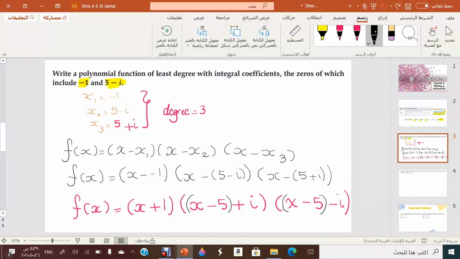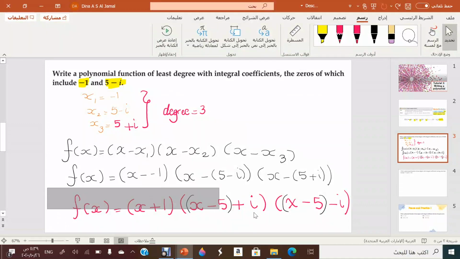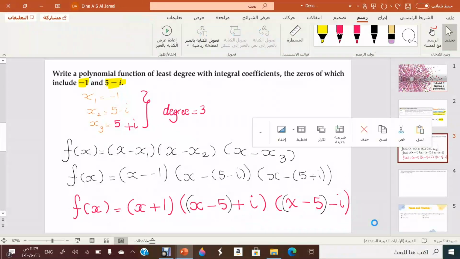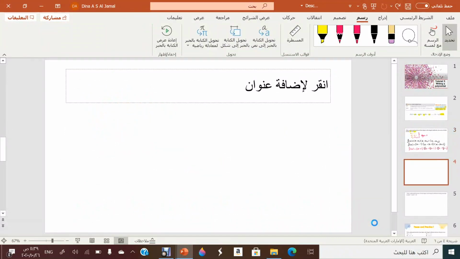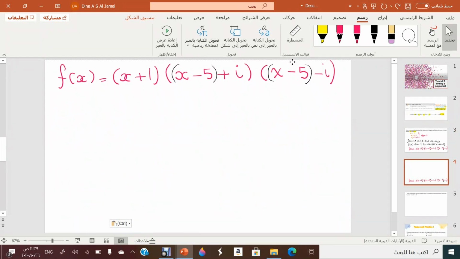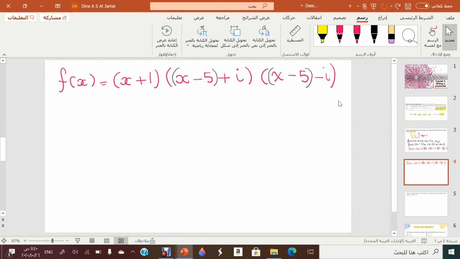Great. So until this step, all I did is only simplifying. Now let's use the method of factorization and the method of having two binomials which are related to each other.